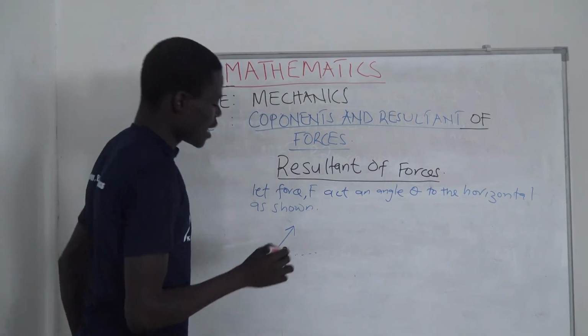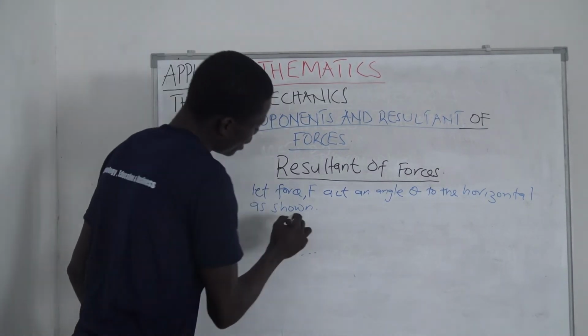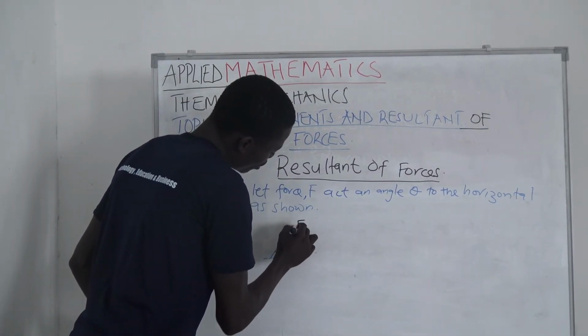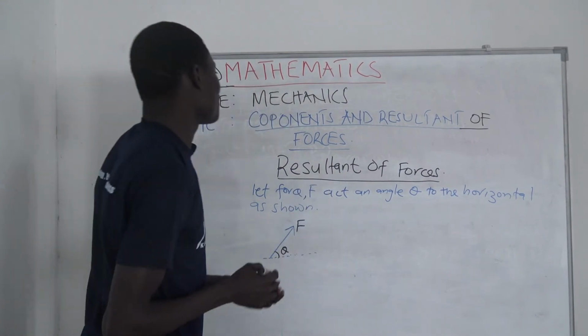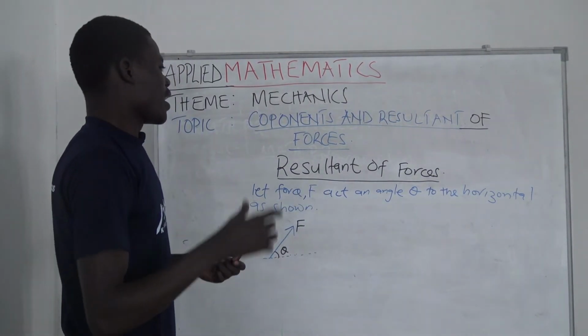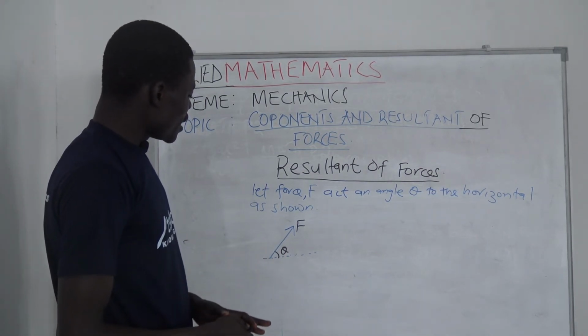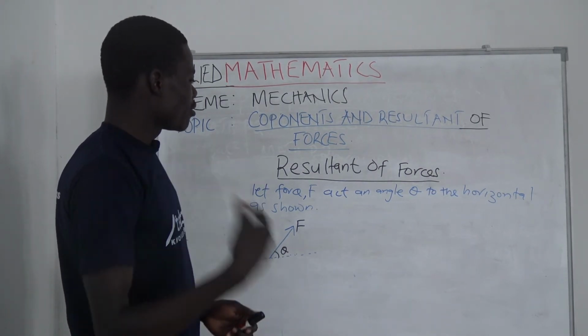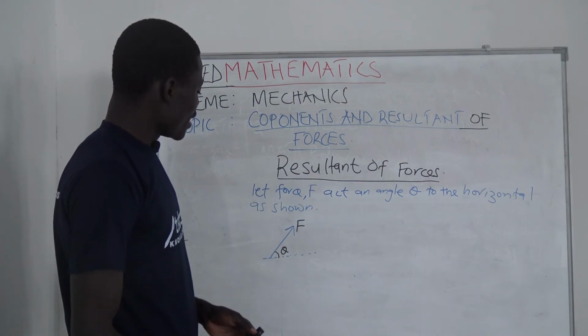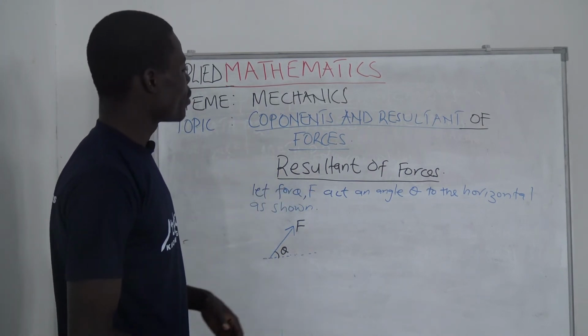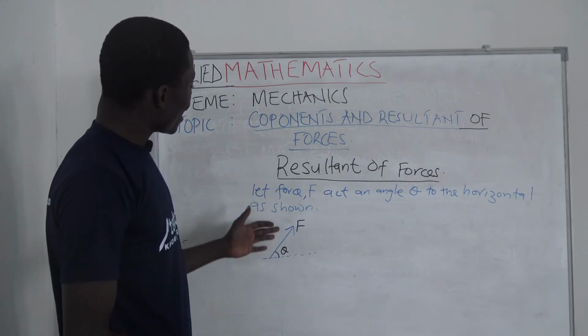This is the angle at which it is acting, and this is our force F. This force is not the same as the forces we have been looking at. This one is acting at a given angle.